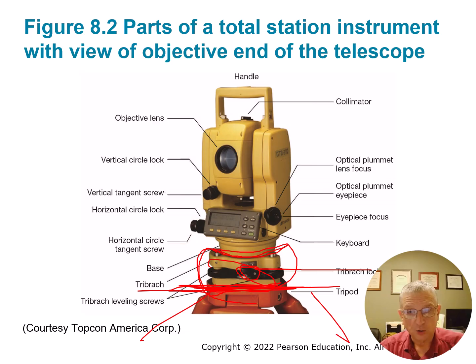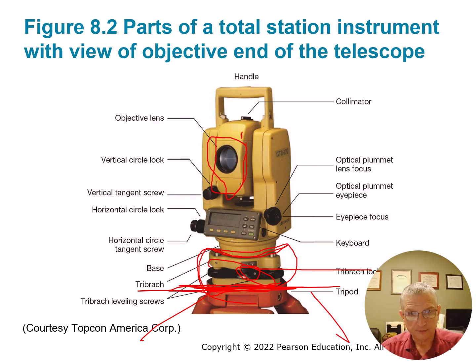And the only difference between a late generation theodolite, which I guess are still manufactured but not used much, and a late generation digital theodolite and a total station is that the total station will have an EDM built in.